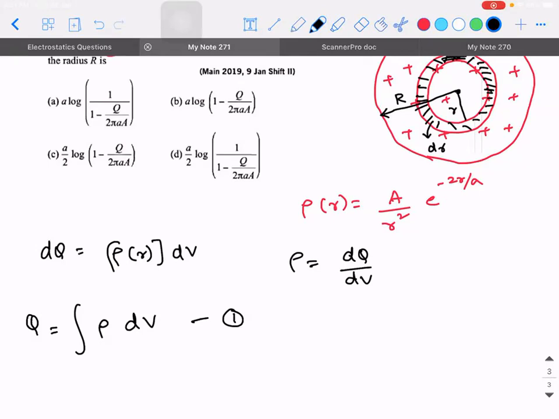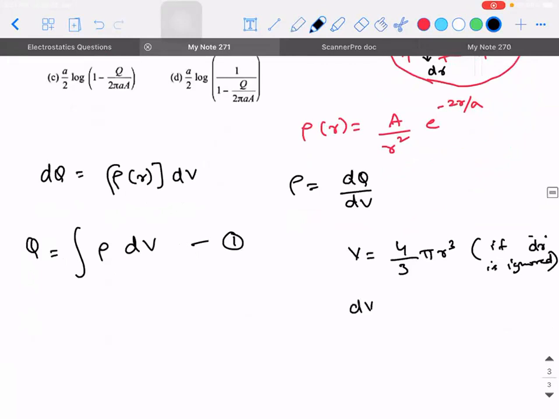Okay. So what is going to be the volume of the sphere if I ignore the thickness? Volume is 4 by 3 pi small r cube. If dr is ignored, then what is the value of dV?